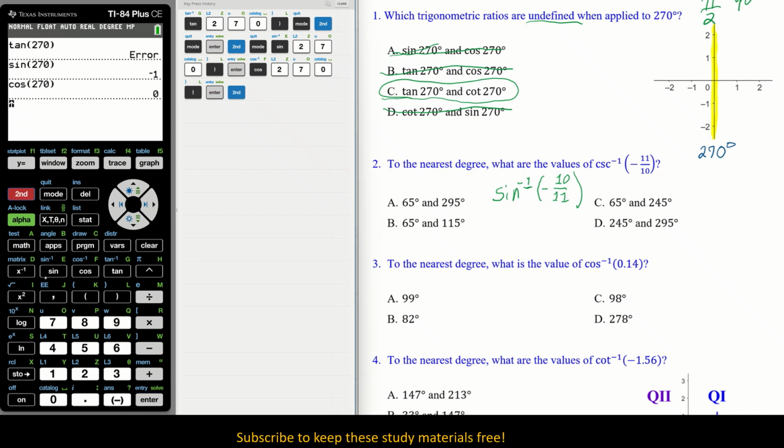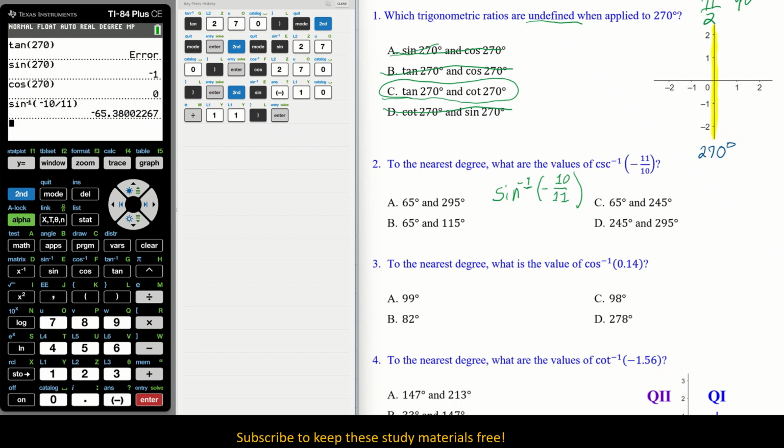Let's see, second, see where sine is? The sine inverse is right above it. It says we need to put in negative 10 divided by 11. Push enter, and there's our degree. Keep in mind that it says negative, so it is a negative sign.